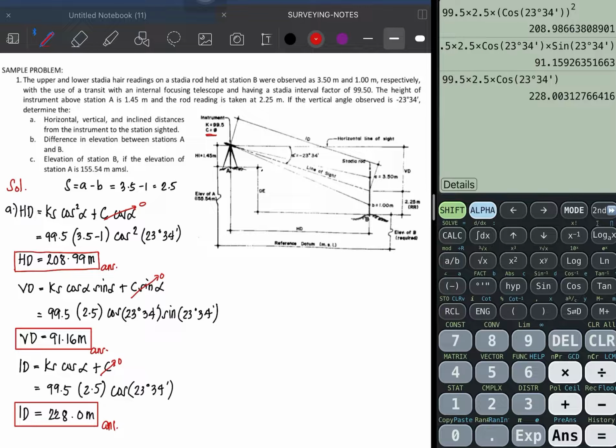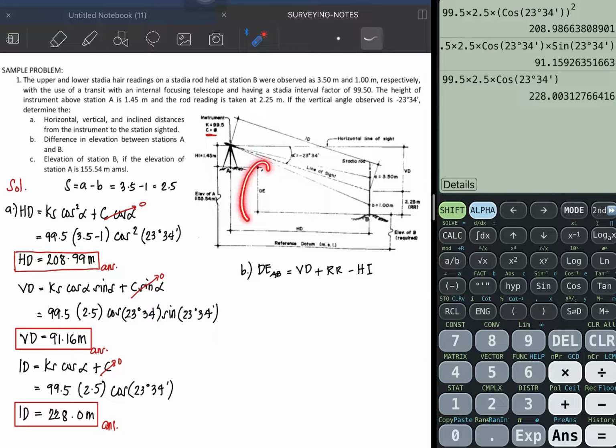And then letter B, the difference in elevation between points A and B. So to solve for the difference in elevation, from the given illustration, you have your difference in elevation between A and B is equivalent to VD, then plus RR minus the height of instrument.